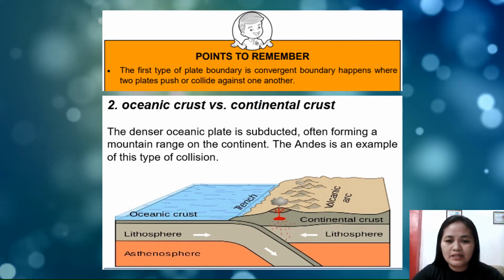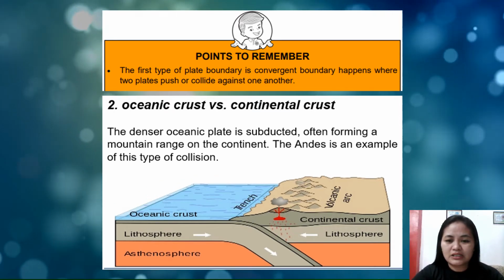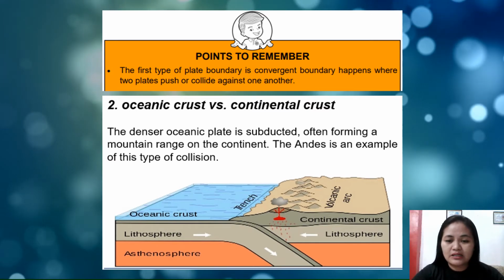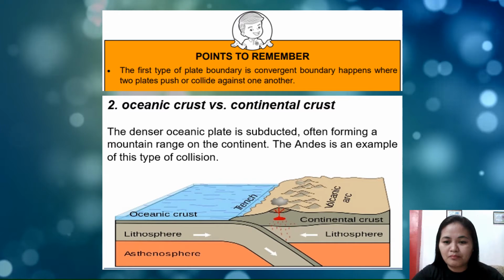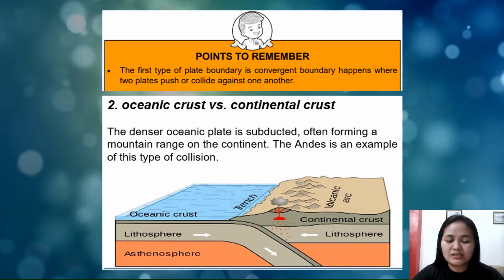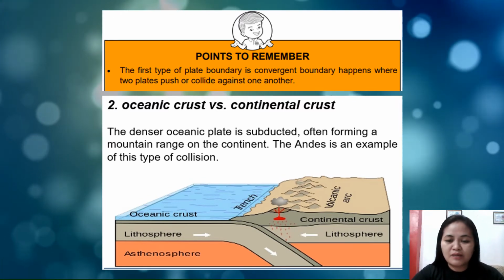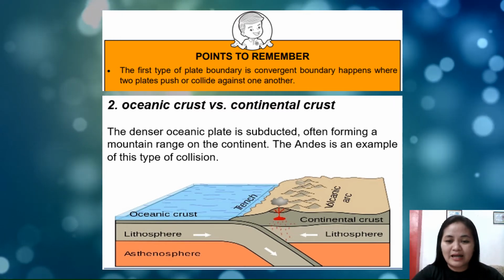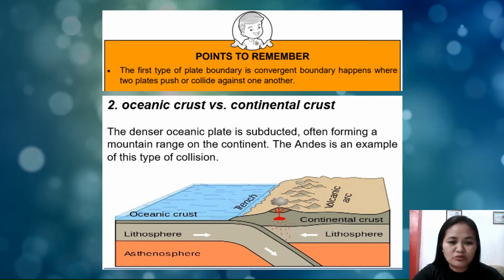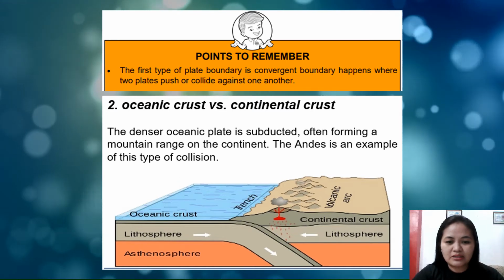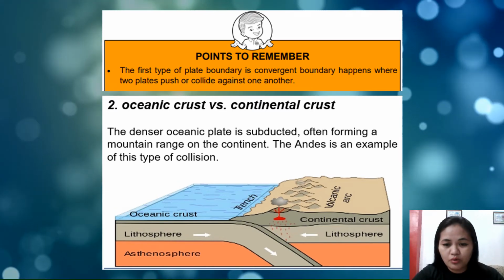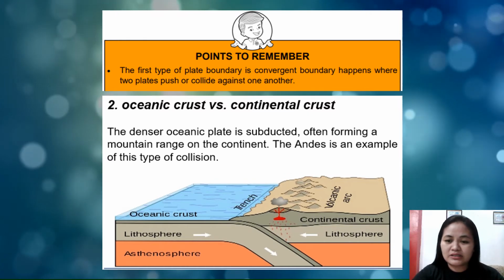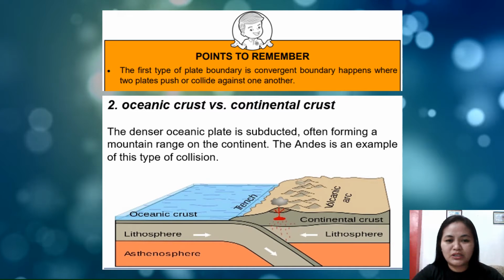Alright. Bakit sa continental crust nabubuo ang mountain range? Kasi nga, si continental crust, mas makapal siya pero mas magaan. So, kapag nakipagbanggaan siya kay oceanic crust, ang tendency niya ay pataas. Samantalang itong si oceanic crust, mabigat, kaya palubog. Syempre, tumaas si continental crust, kaya nakabuo ng mountain range.